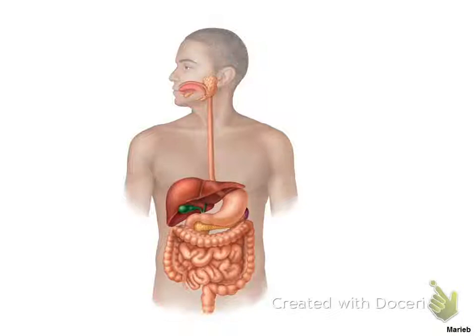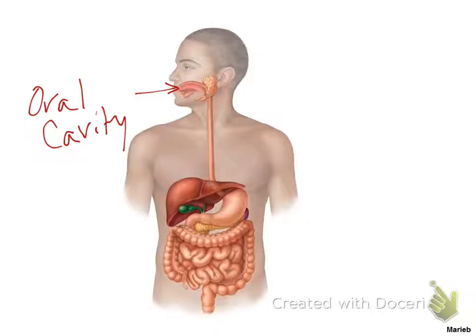And you guys already know all of these because we talked about them last time in lab. So where does food enter the body? What's our fancy term for the mouth? Oral cavity. That's right. Okay, so we've got the oral cavity. And then where does the food hit next? The pharynx, specifically the oropharynx. From there, where does it go?